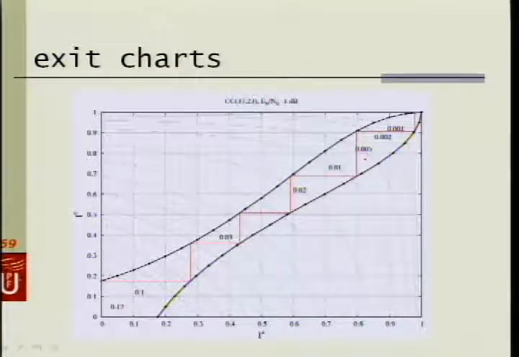We do the simulation of the exit chart once and for all, and then we study the convergence, and we discover if the convergence is fast or slow. Very useful. Okay, this concludes my discussion of coding on vector graph.